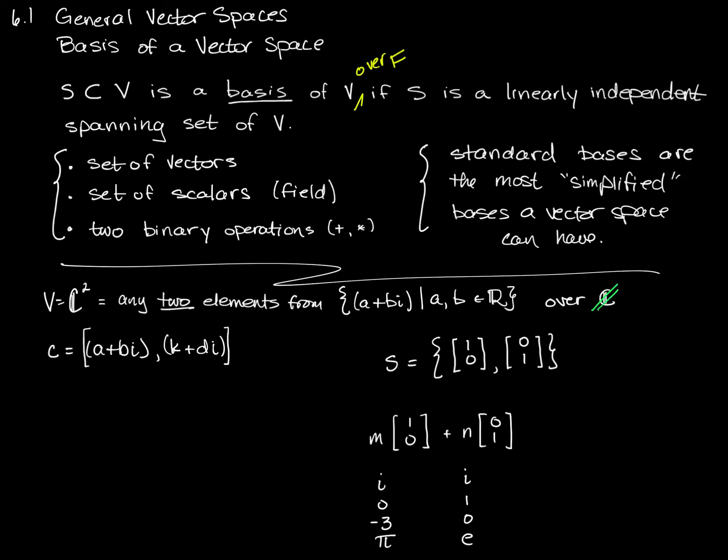If I restrict my field to R, then my standard basis needs to be, I'm going to run out of room. I know you're shocked. Let me do it this way. I'll get a little creative with how I arrange this.